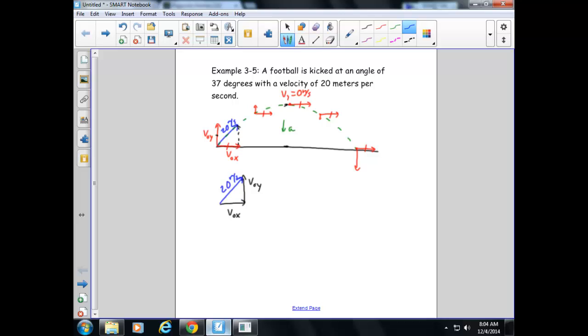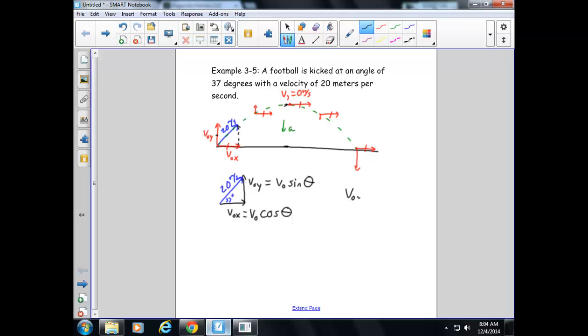We know that this is all at an angle of 37 degrees. V0y, that is the opposite side, so we can say that V0y equals V0 times sine of the angle. V0x equals the initial velocity of 20 meters per second times the cosine of the angle.